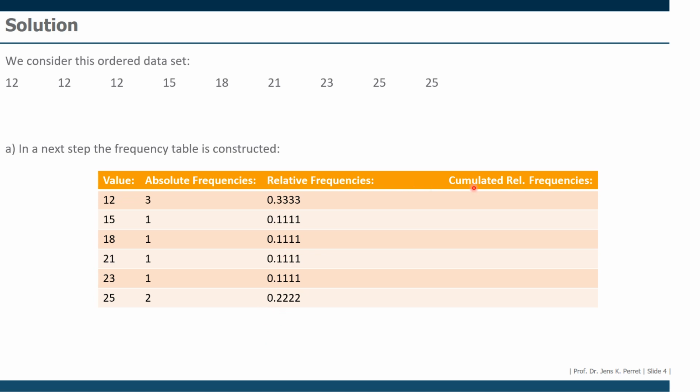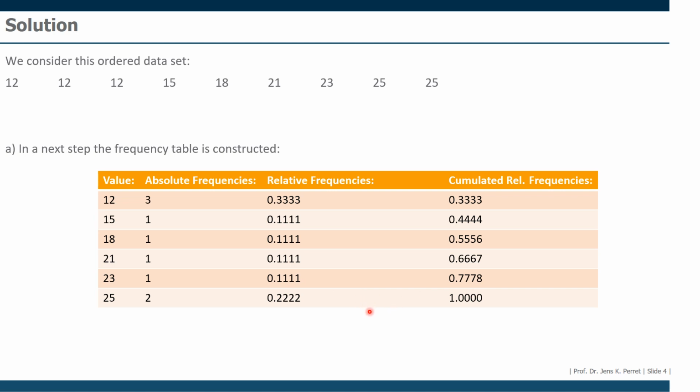And finally, for the cumulated relative frequencies, I'm going to add up step by step all the relative frequencies. So I'm going to start with the 1/3. I'm going to add 0.111, giving me first off 1/3, then 0.444, plus 0.111, giving me 0.555, and so forth, always adding what I have on the left.